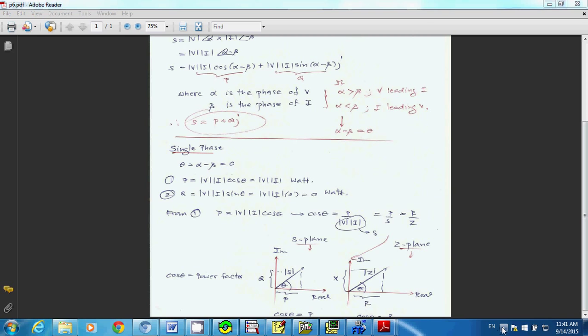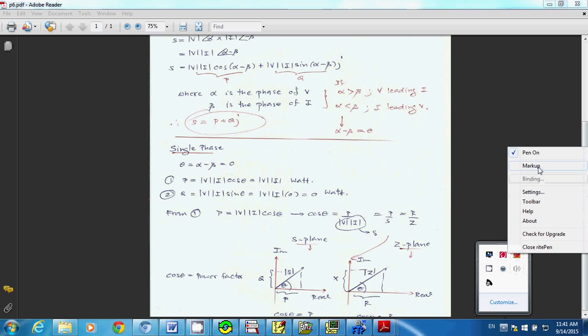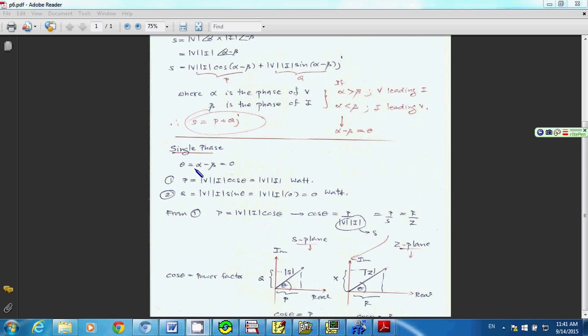Well, for the single phase, alpha minus beta equal to 0. This means you have no phase difference, because alpha is the phase of voltage, beta is the phase of the current. So take a look at this one here. This is your P, right?